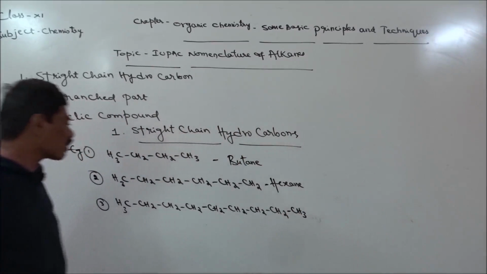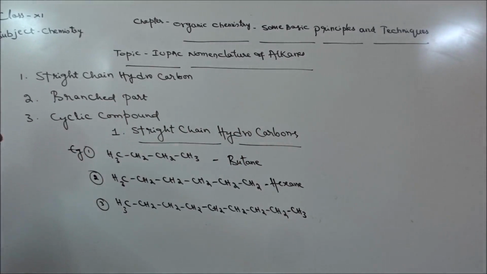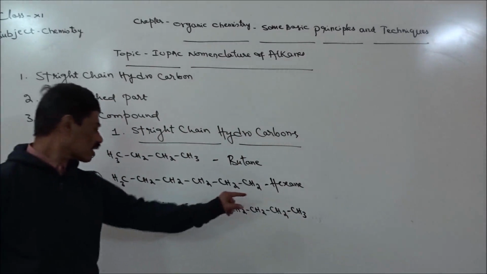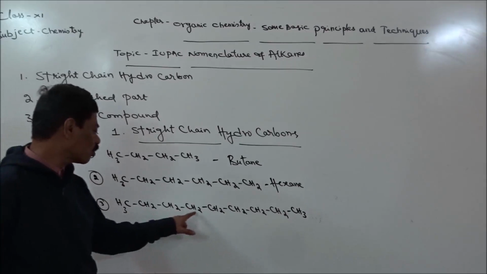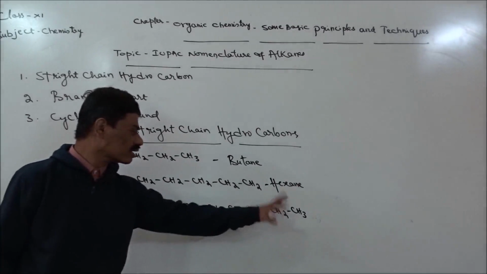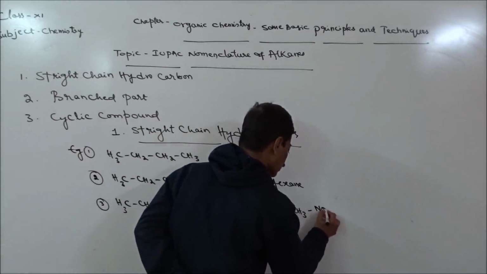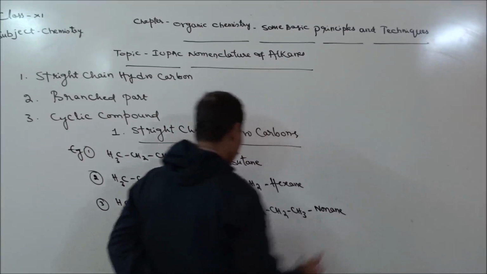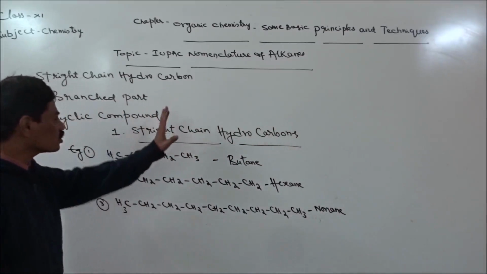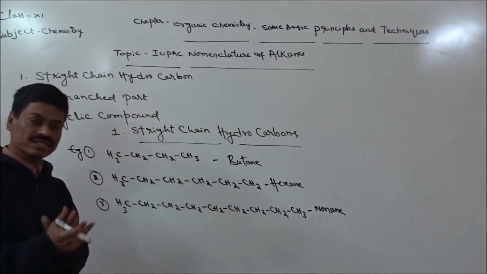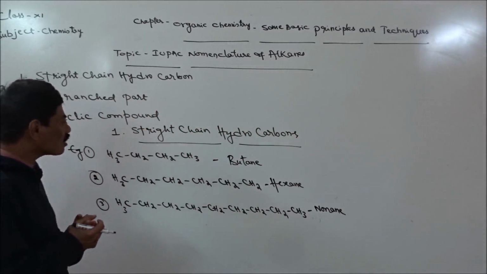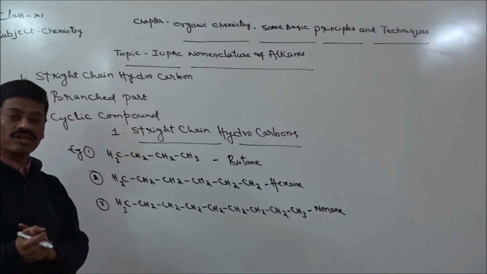So 9 carbon atoms we have in this structure. 1, 2, 3, 4, 5, 6, 7, 8, 9. So its name is nonane. And these structures do not have any branch. Right? That's about straight chain hydrocarbons.